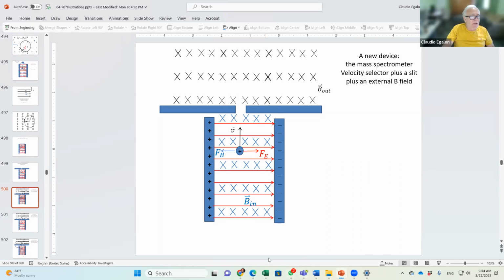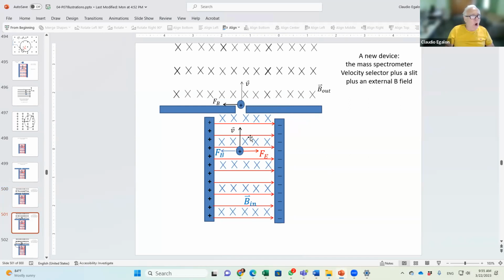Before it enters this region, here we have a region of magnetic field. And here, we also have a region of electric and magnetic field. In this case, the electric and magnetic field are tuned in such a way that the particle moves in a straight line and can go through this gap in the device.